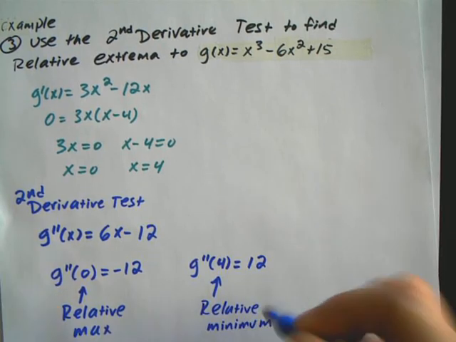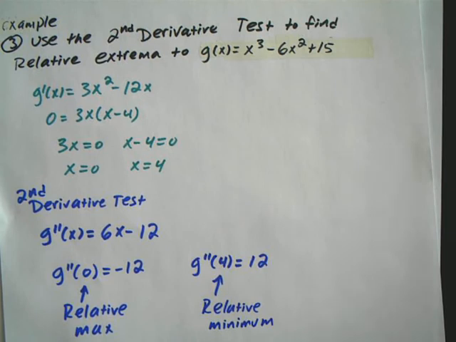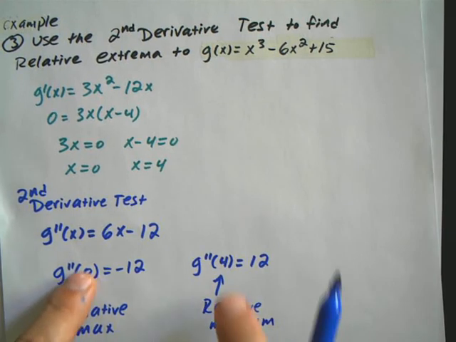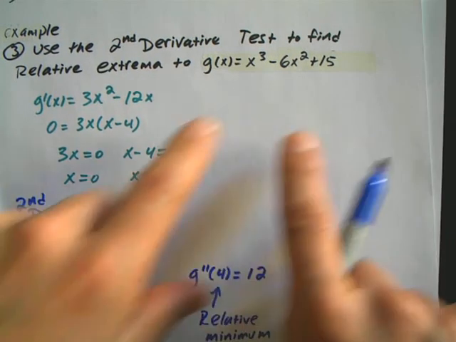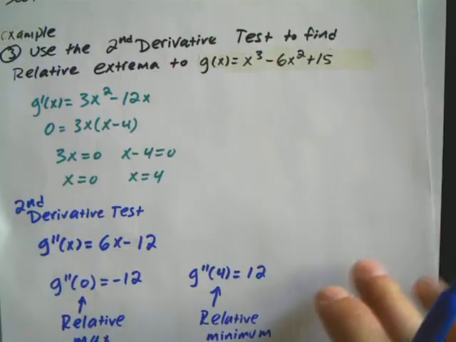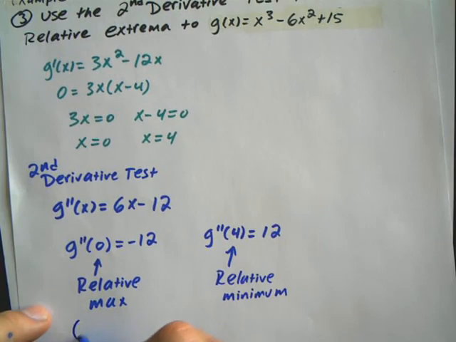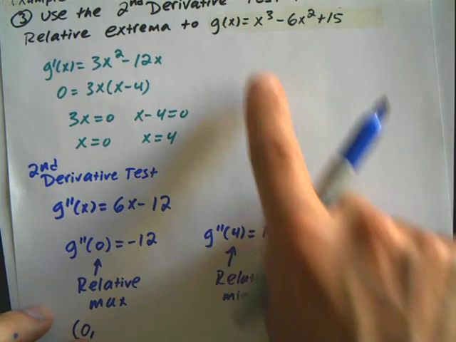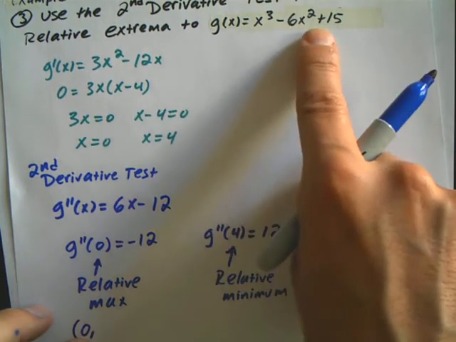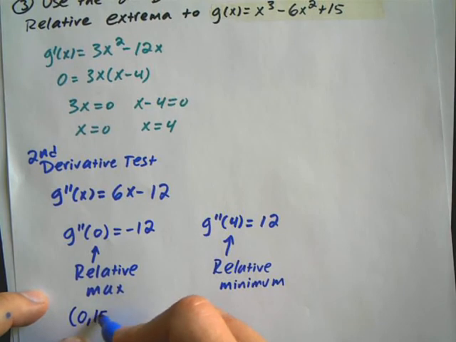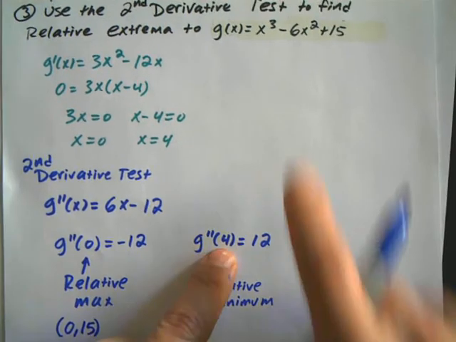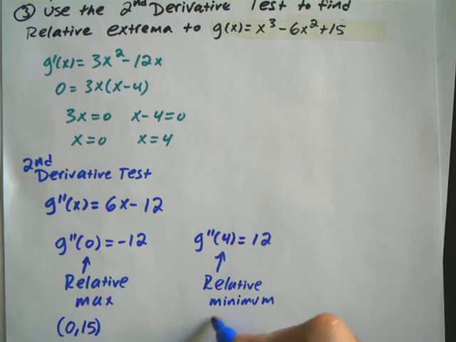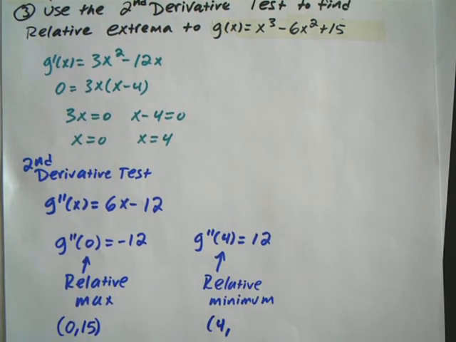And in order to find the location of the point, I still have to plug these critical points back into the given function. So relative maximum is going to occur at 0, and when I plug in 0 to this, it gives me 15. And if I plug in 4 into my given function, it's going to give me, I believe, negative 17.